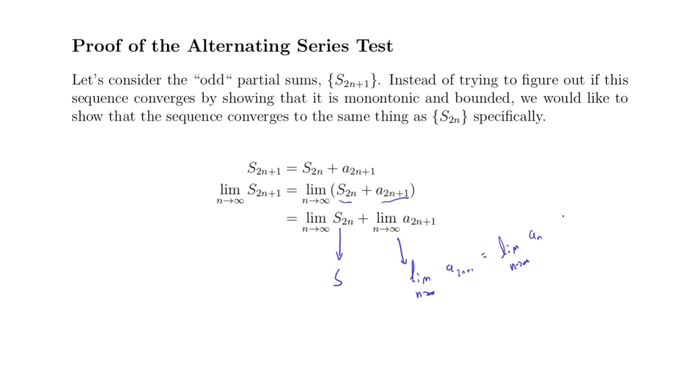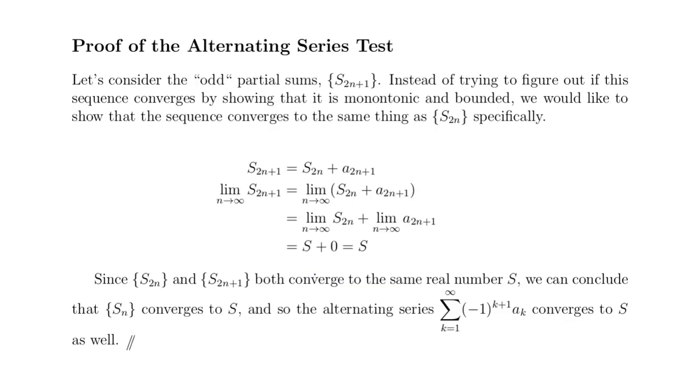And we said, hey, if this thing goes to 0, then this is going to converge as well. So what happens if this goes to 0? Well, if it does, then we have S, that's the limit from the partial sum, plus some 0 thing equals S. And so, since both of these sequences converge to the same real number, our series has to converge as well, because the regular partial sums are going to converge there.